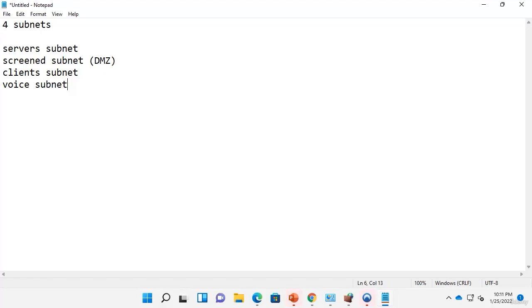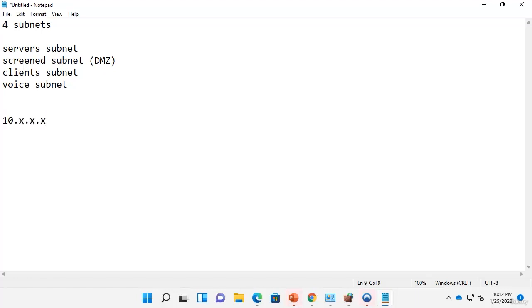Why would I do that? Well, security is the main reason, but you can also segment just from a traffic standpoint as well. But with routers or switches, you can control the traffic that is flowing between these different subnets. Okay, so that's an example of a time where I might need subnets. Now let's say the organization has used the 10 dot address range.